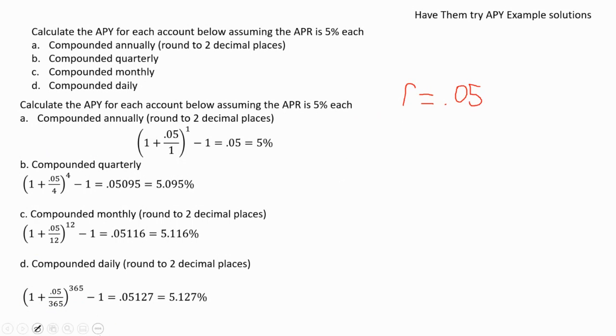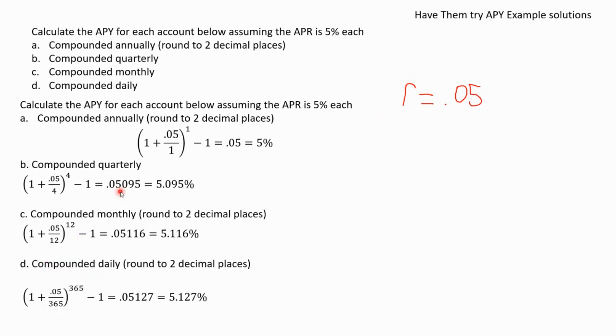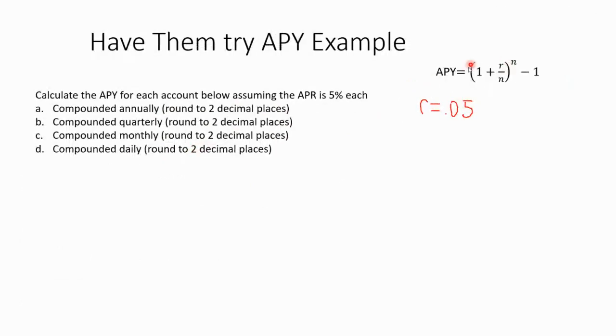But each time you have enough to calculate the APY. So for instance, annually, we're taking N to be 1. R again is 0.05. So we just have this amount, this thing here, minus 1.